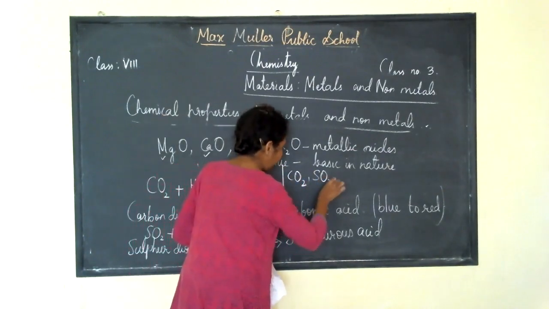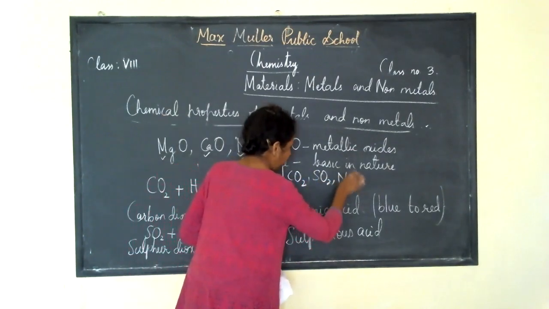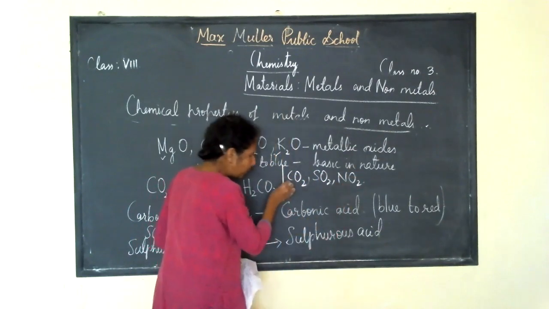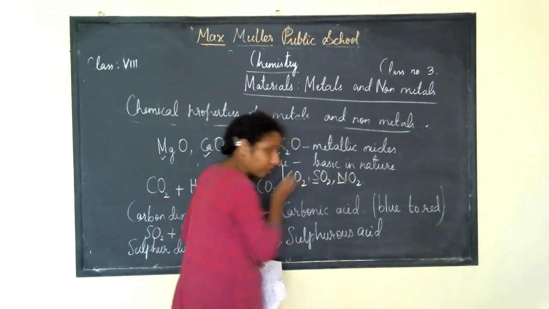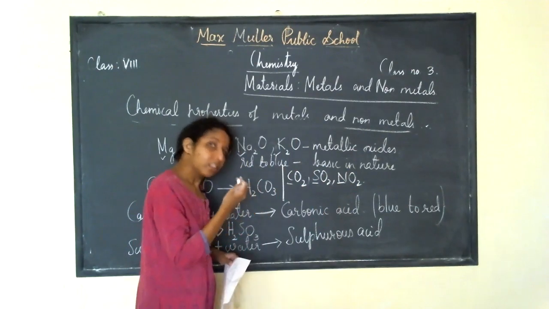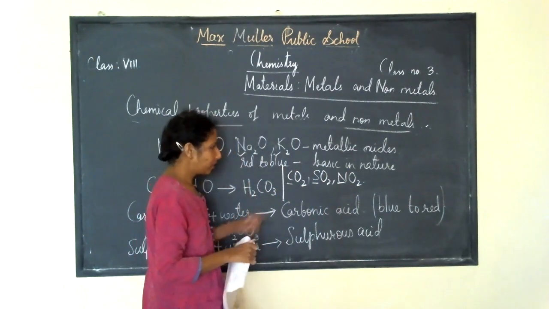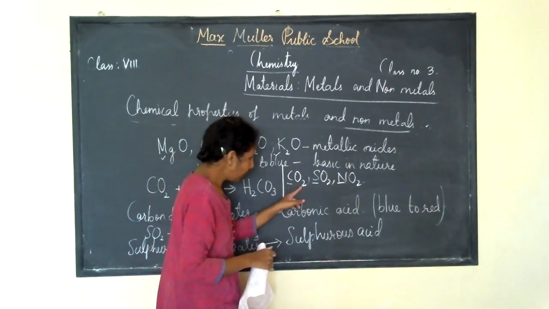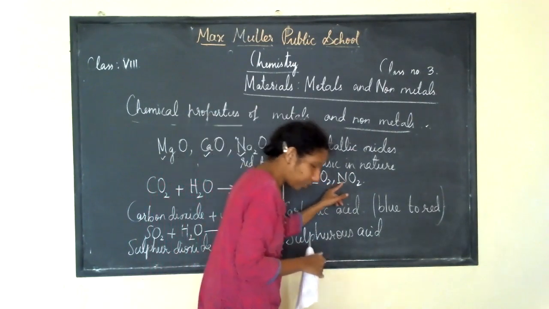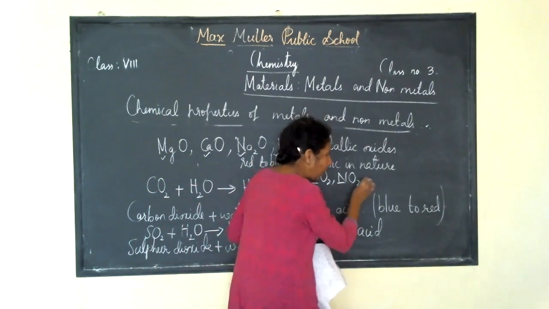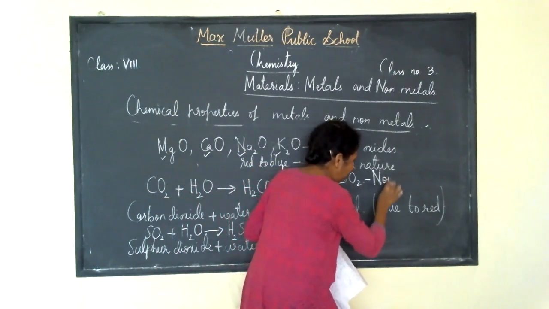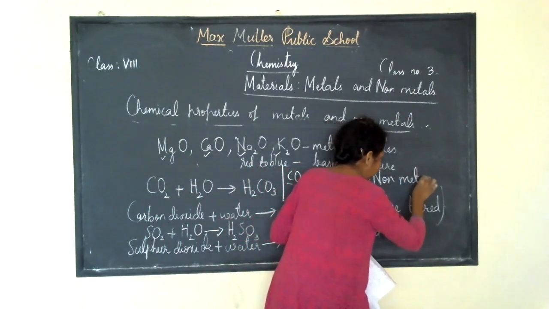Now, what are carbon dioxide, sulfur dioxide and nitrogen dioxide? Carbon, sulfur and nitrogen are non-metals, isn't it? So carbon dioxide, sulfur dioxide and nitrogen dioxide are non-metallic oxides.